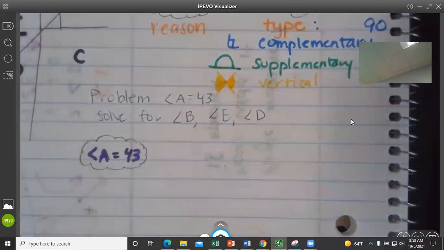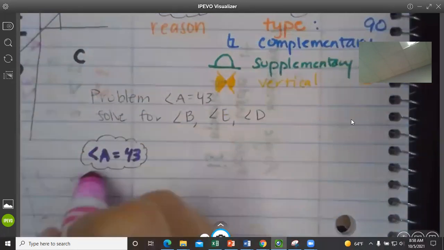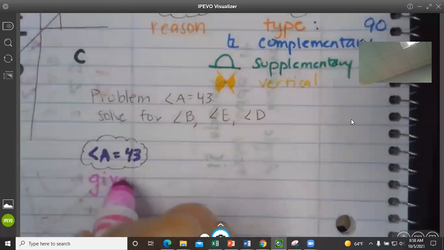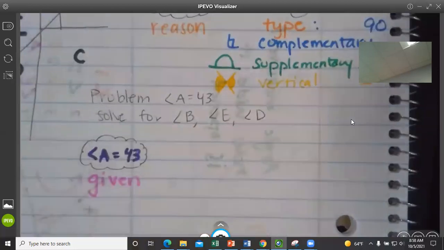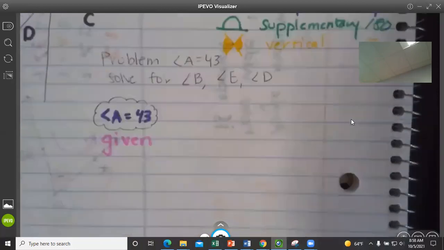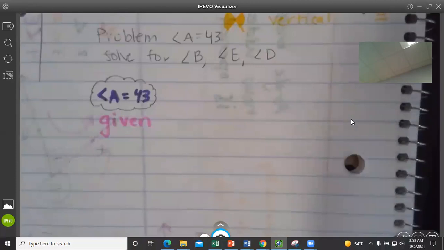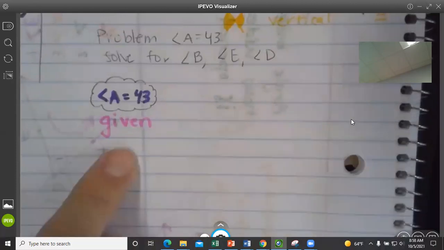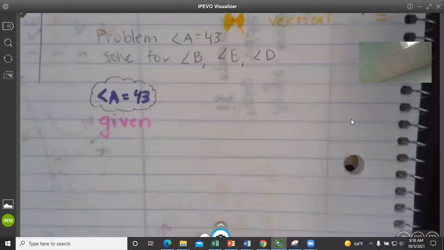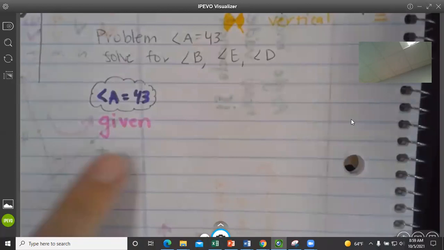So the reason that you write underneath it is given. If it's given to you in the problem, you write given. That's your reason. You don't have to solve for it. You always have to do that.